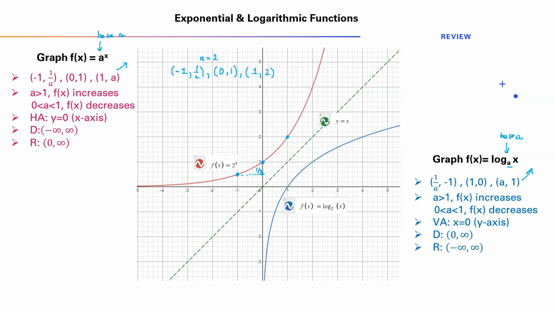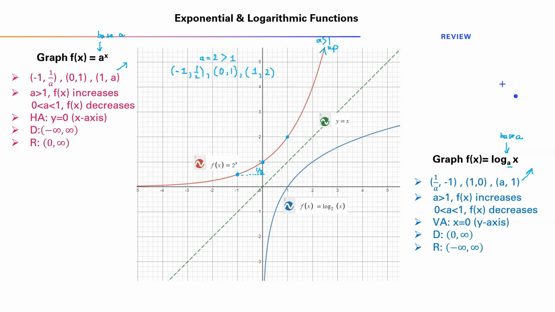If a is greater than 1, then it's increasing. From left to right, it goes up at the end, so f of x is increasing. In this case, a equals 2, so it's greater than 1.